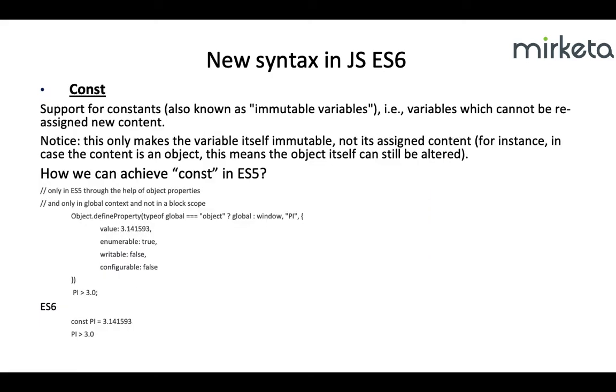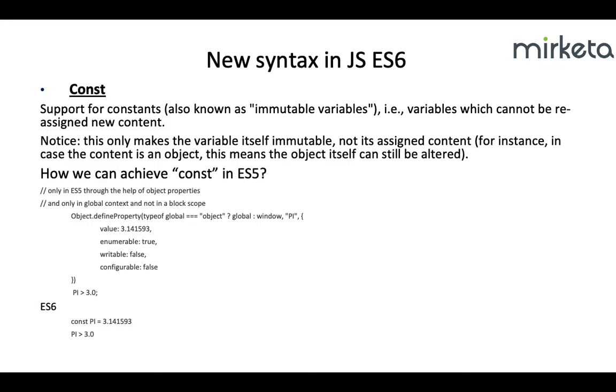Okay, next one is the constant. So what is a constant? It is a variable which cannot be reassigned new content. If you see the code here, how we achieve constant in ES5, a lot of code, right?